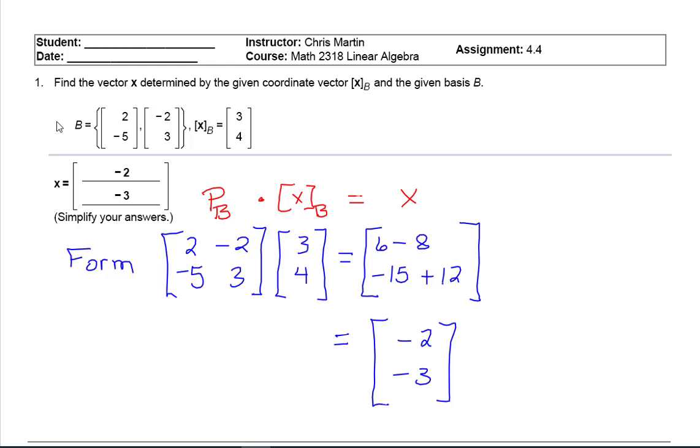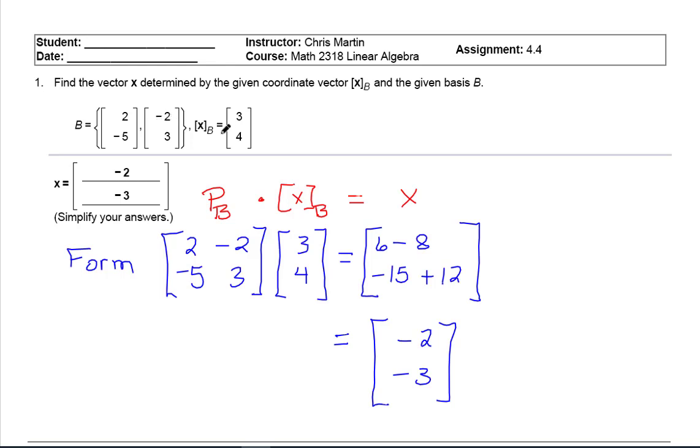Welcome to Math 2318, Section 4.4. We are given the coordinates of a vector relative to a particular basis, and we'd like to know, well, what are the coordinates of this vector in the standard basis? So in question 1, we are given two basis vectors, b1 and b2.